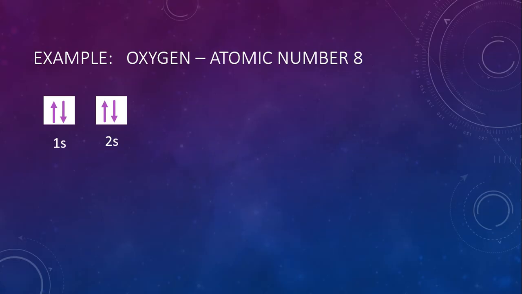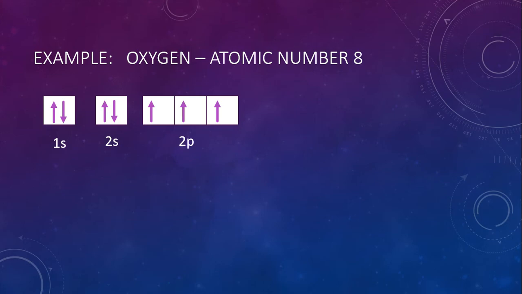Now here's where it gets tricky. The p's have 3 orientations, so we draw 3 boxes next to one another, or 3 underlines. And this is the next trick: how do you fill those boxes? We will put 1 in each box before we double up.